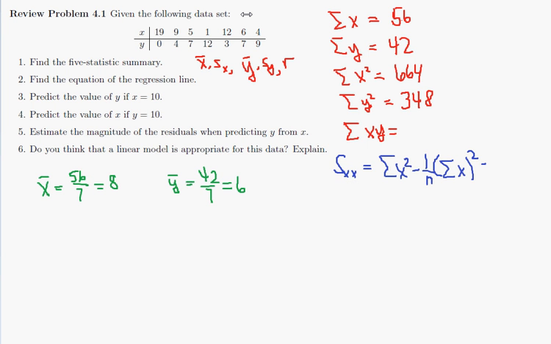The sum of the x squareds works out to be 664 minus 1/7 times 56 quantity squared. And so just simply doing the arithmetic, 664 minus 56 squared divided by 7 turns out to be 216.